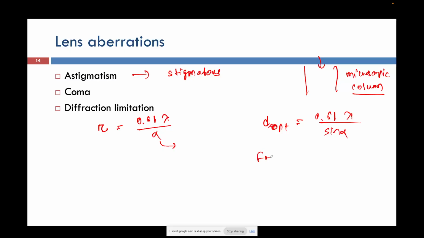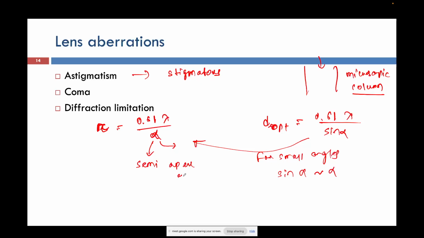So for small angles we know that sin alpha will be alpha. So if I want to put that here, that means I want to reduce the electron beam diffraction, so that the beam is less diffracted. Then in that case, if you see, this alpha is the semi apex angle.